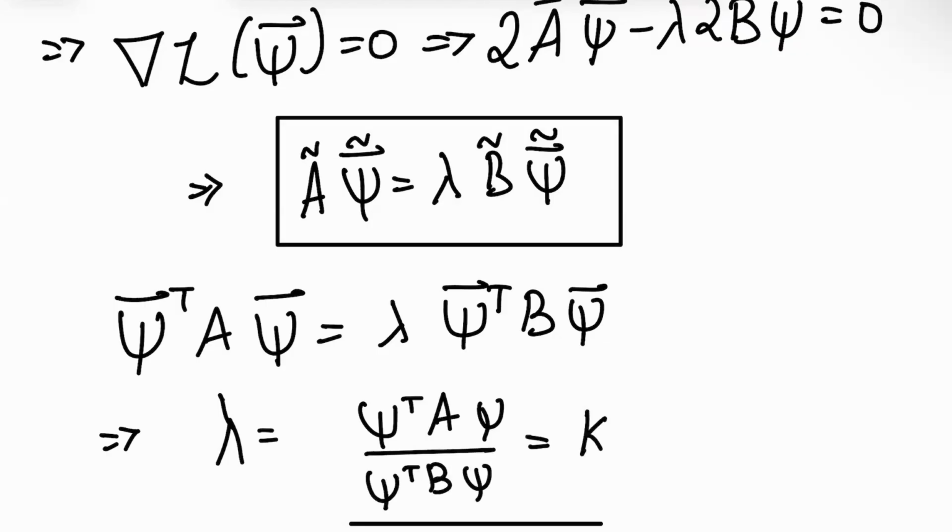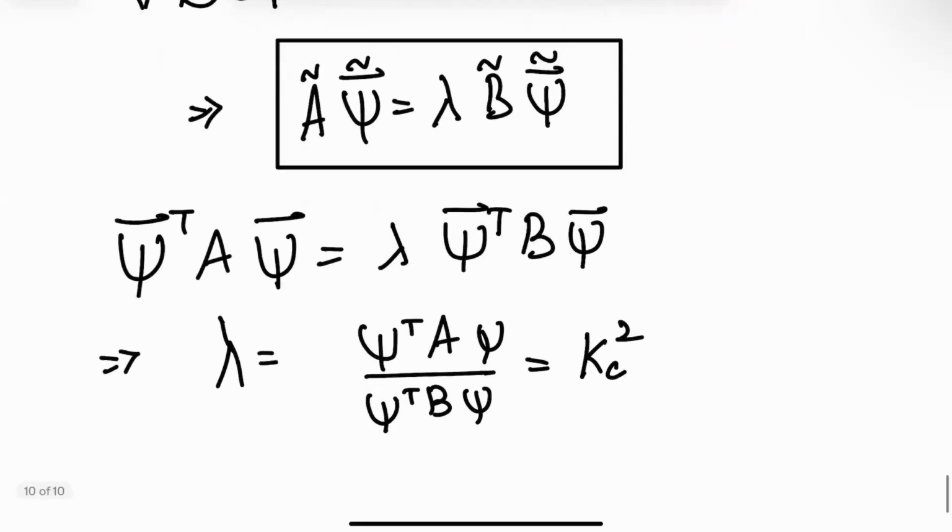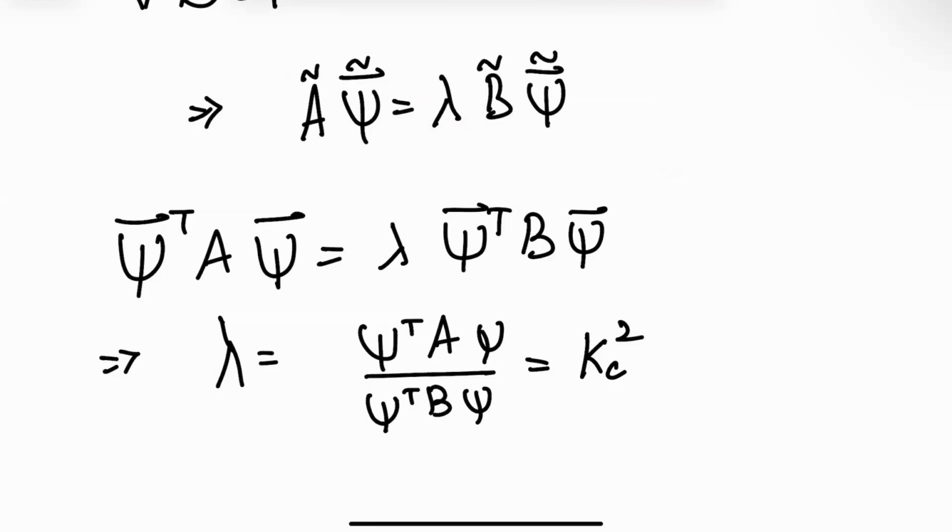But we know this is nothing but kc squared for the wave function psi, because we know that the value at which this wave function minimizes the functional is kc squared. And that's exactly the Lagrange multiplier. This is called the Lagrange multiplier. Maybe I should put the box once we do the last part.